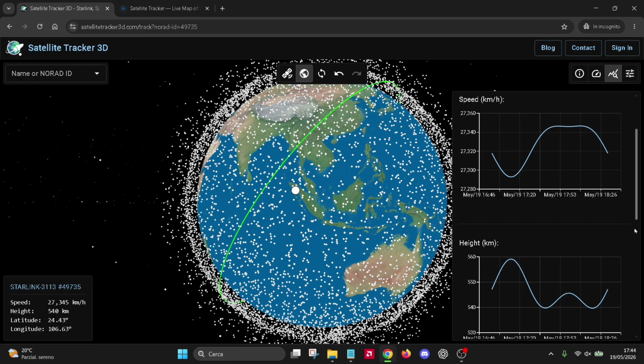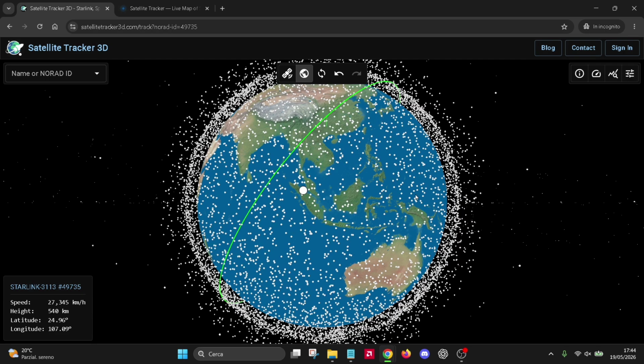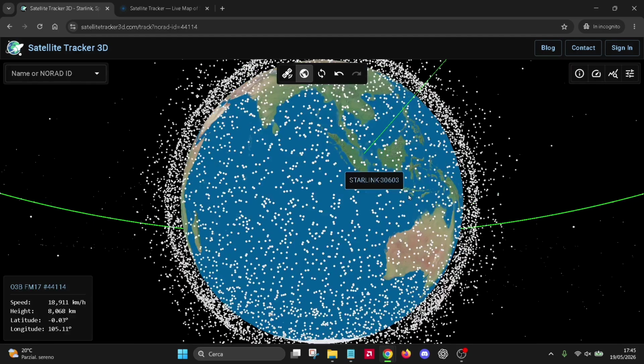This region contains Earth observation satellites, the International Space Station, and large constellations such as SpaceX Starlink. Because these satellites are relatively close to Earth, they move quickly and complete an orbit in roughly 90 minutes.